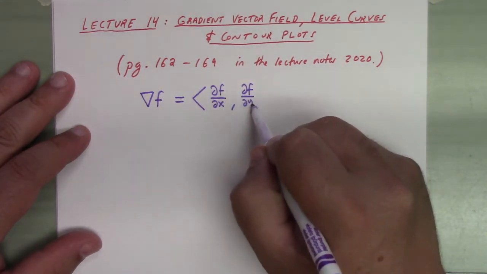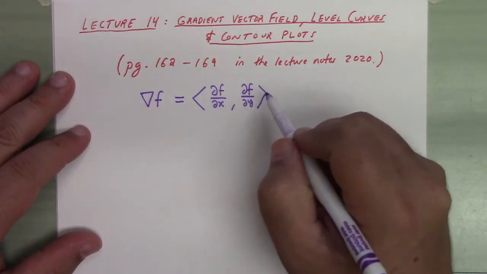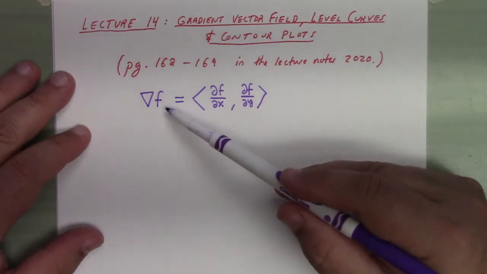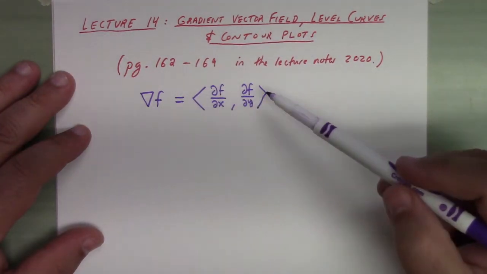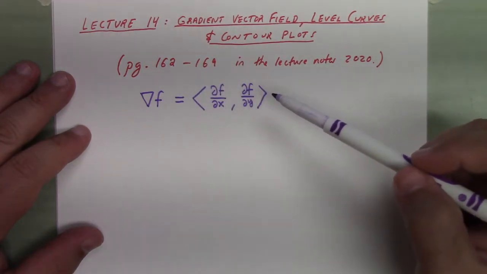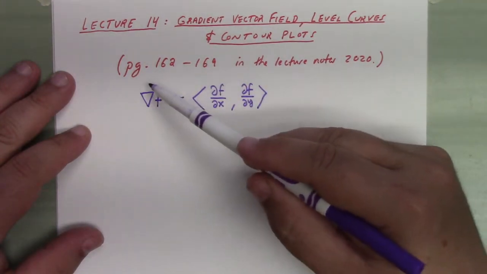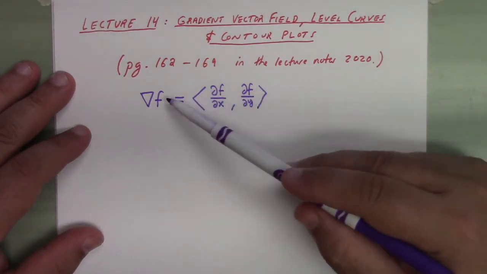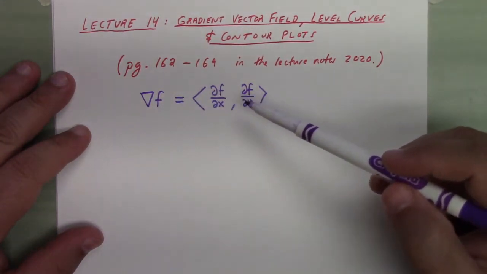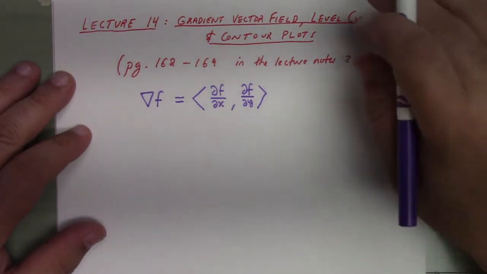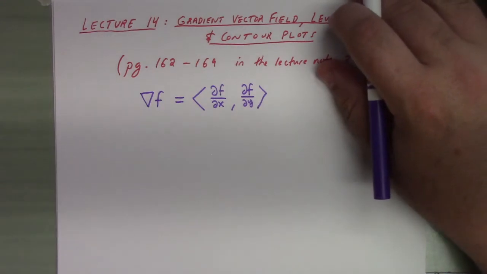And so the idea of the gradient vector field is just that we can look at this as a vector, and you can think about attaching this vector at each point in the plane. Because the function is a function of two variables, we can think about attaching this as a vector to each point in the domain and try to understand what it says about the function. That's kind of what we're doing in this talk. So let's get to it.